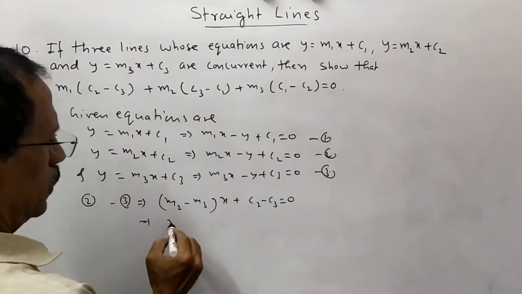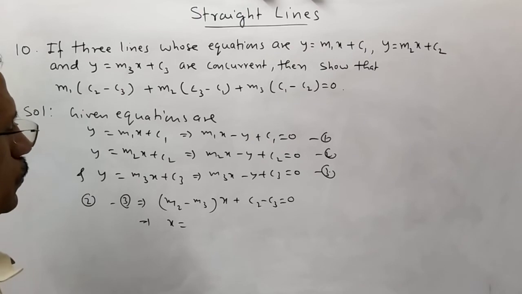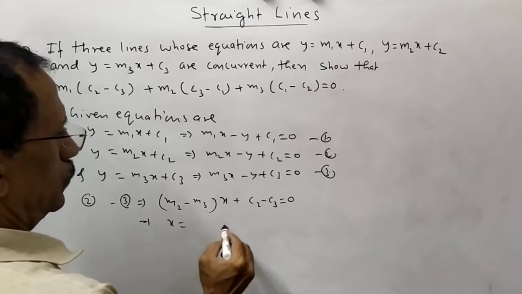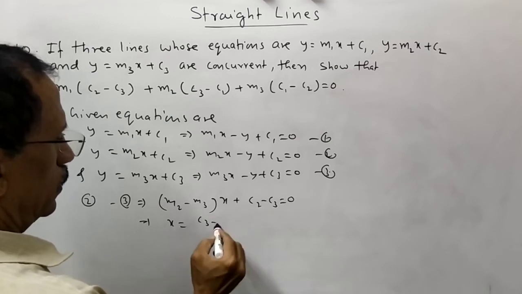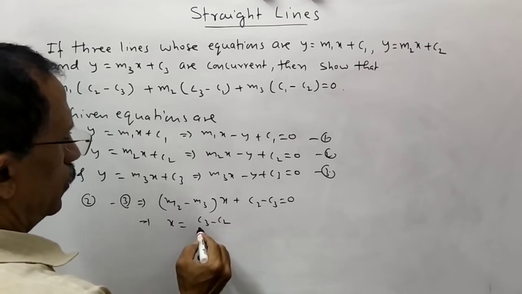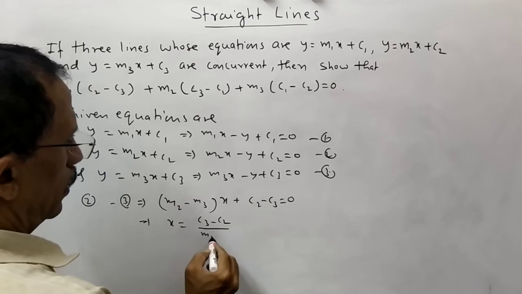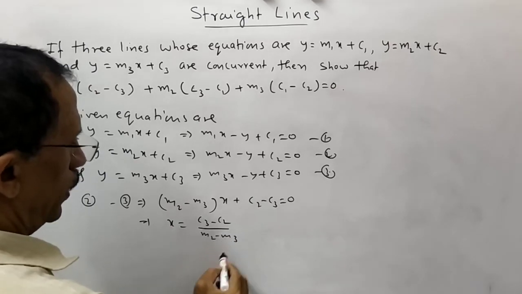This implies x is equal to c3 minus c2 divided by m2 minus m3.